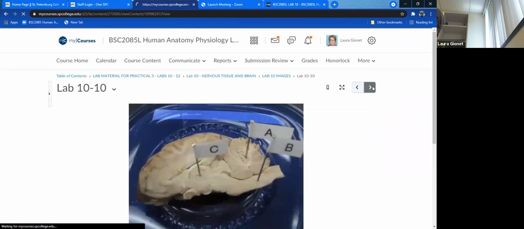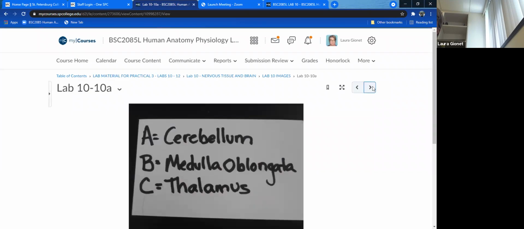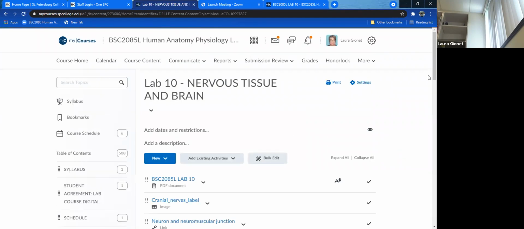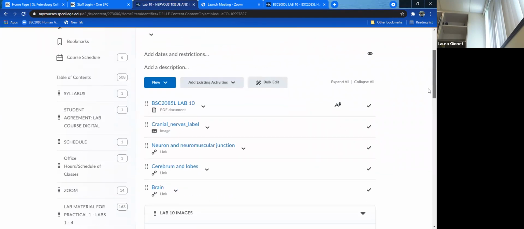Okay, I don't use the sheep brains. And that pretty much takes us to, that's it. So again, the cranial nerves are labeled. That shows you pictures of where the cranial nerves are located.